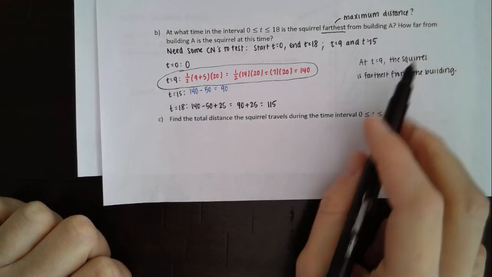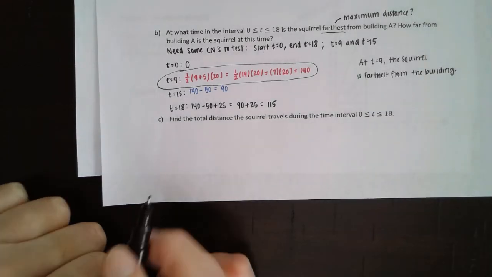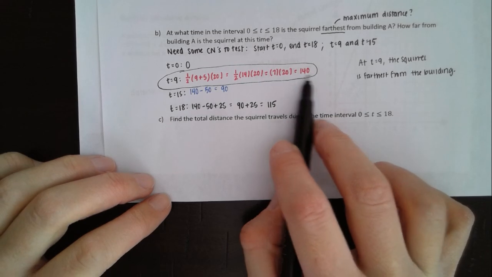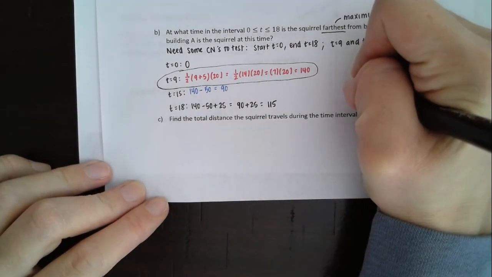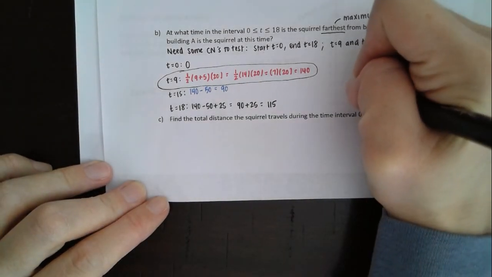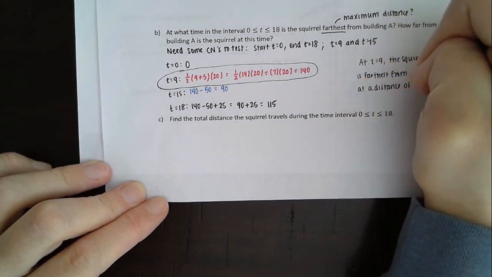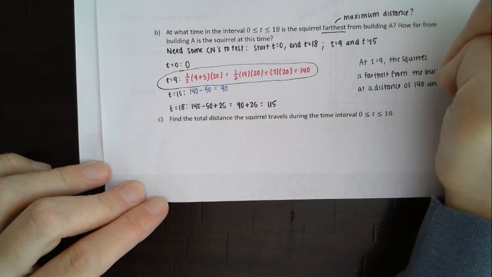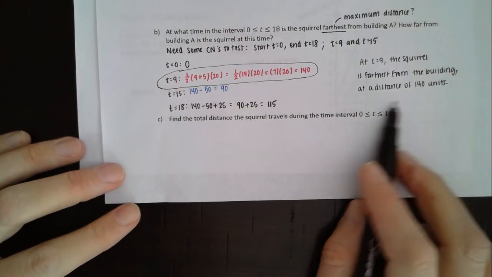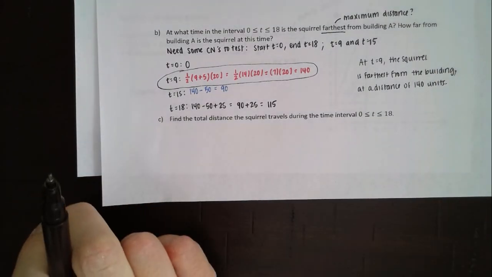It's also asking how far from the building the squirrel is this time. We know that its distance is going to be 140, so at a distance of 140 units.